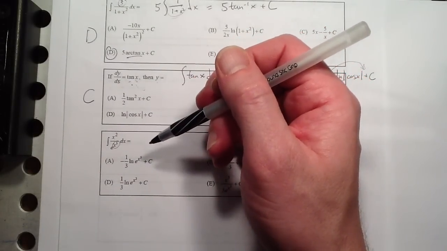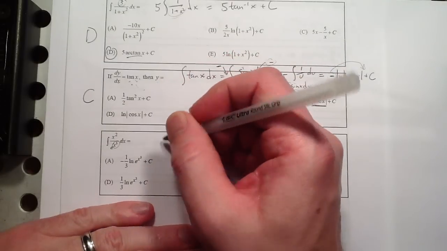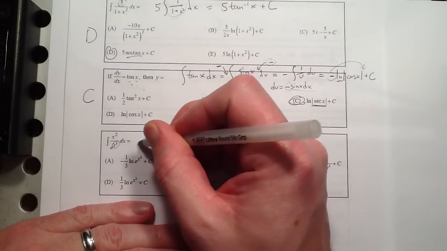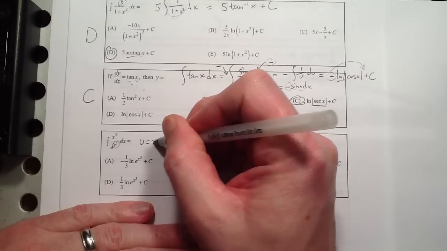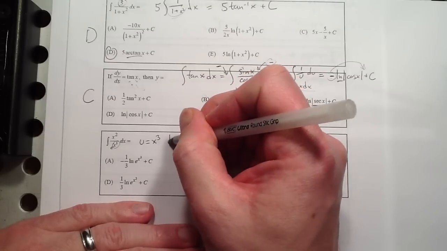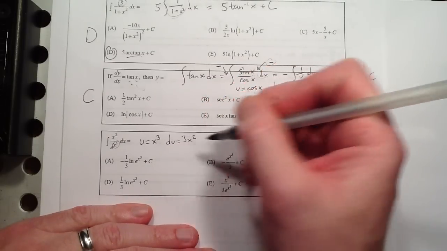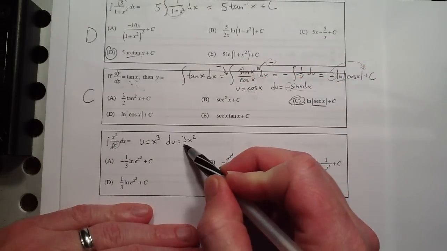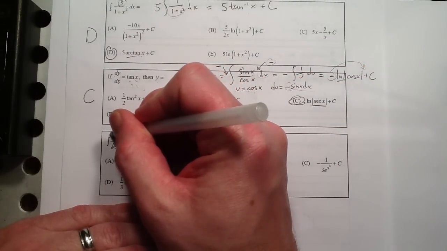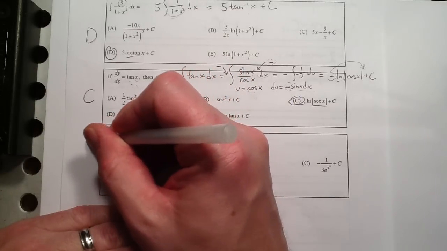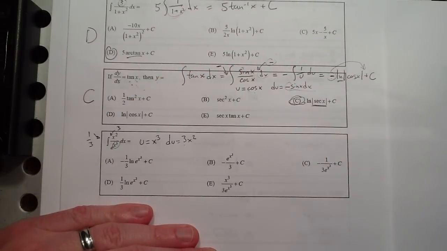So, I will make u equal to x cubed, so du would be 3x squared. Now I don't have that 3 there, so I'm going to go ahead and put a 3 here, which means I will need a 1/3 on the outside.